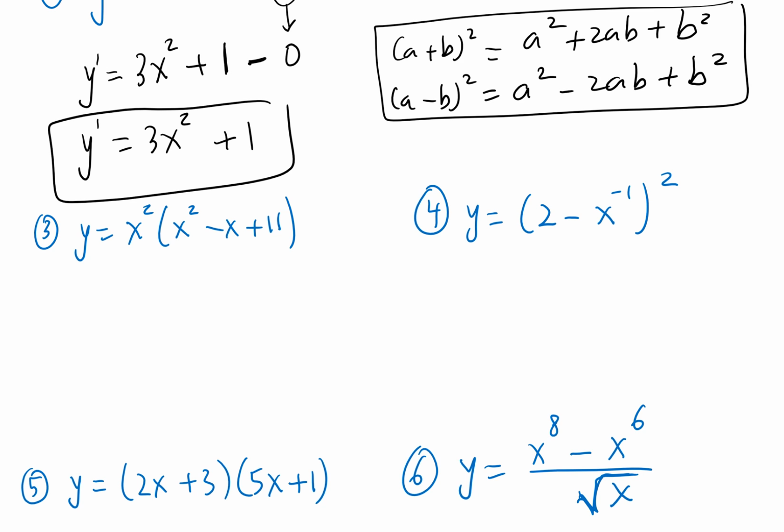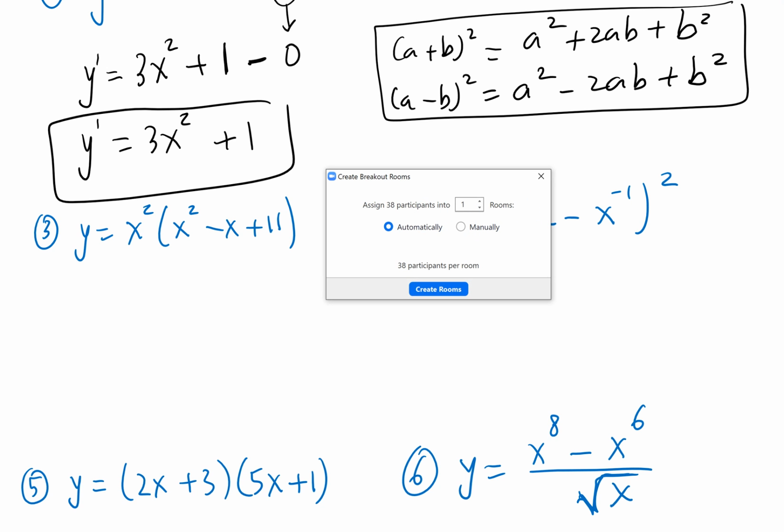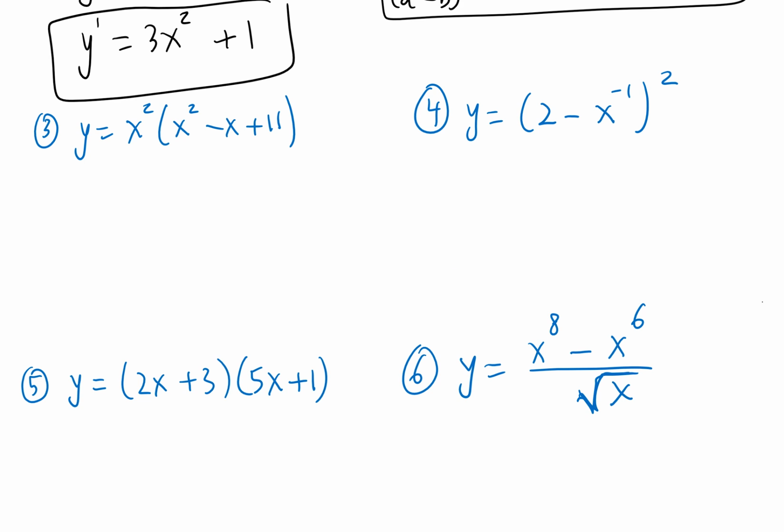So what I'm going to do is use the breakout rooms. Now we're going to go over these questions one at a time and show you how we do this.